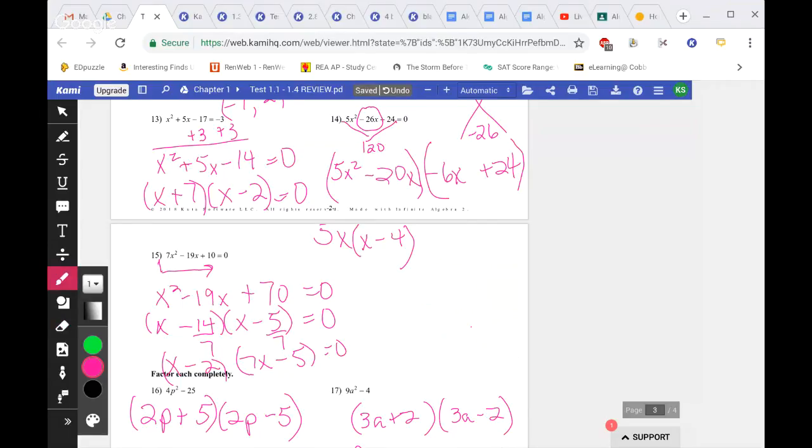So then on this next one, I would take out a minus 6, and that would leave me x minus 4. So I have 5x minus 6 times x minus 4 equals 0.